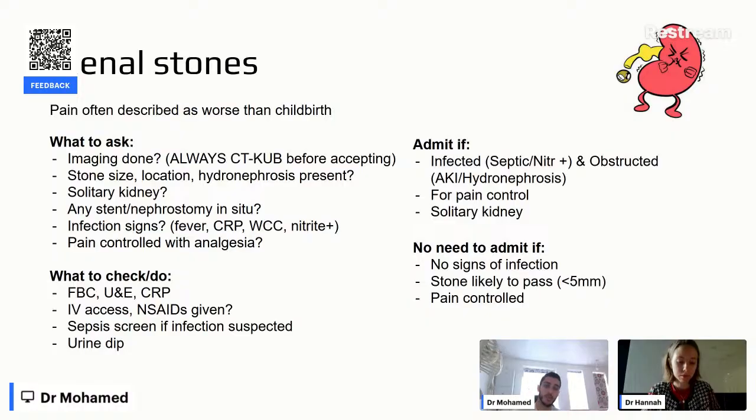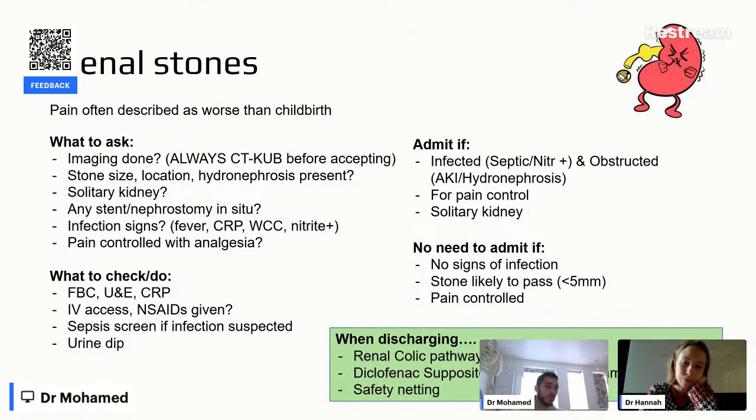That patient should not be accepted, especially if it's not causing them any pain and there are no signs of infection, and almost certainly if the stone is 5 millimeters or below and is likely to pass. But like I said, even if the stone is below that size, so even if it's a 4 millimeter stone, but they're in a lot of pain or they've got a positive urine dip, then they should be admitted.